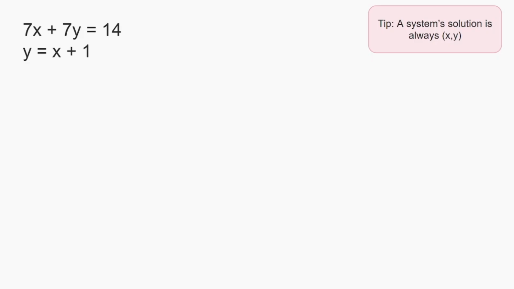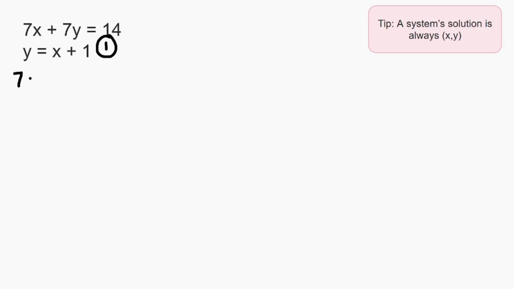Now let's see if we can work on our second problem without the steps. So like before, we are going to be solving for one equation first. In this case, y equals x plus 1 is written in a way that kind of already isolates the y. So with that, our first step is done. Our second step is going to be plugging y equals x plus 1 into this top equation.